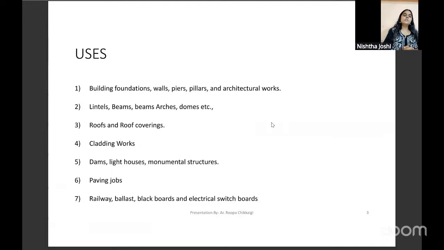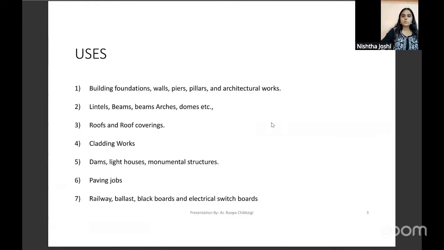So stone is such a material that can be used as a cladding material on top of any other material, either on some other rough stone or sometimes on top of brick, sometimes on other materials as well. Stone is something that gives more beauty, more strength, and a good covering that protects the inner structure from weathering effects as well. Like Sanchi Stupa, it was made with brick.